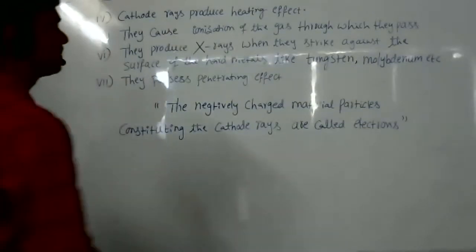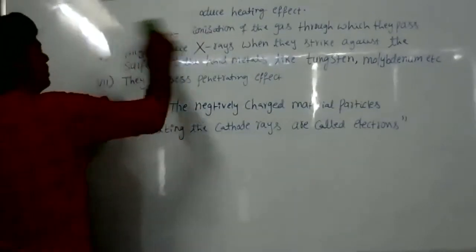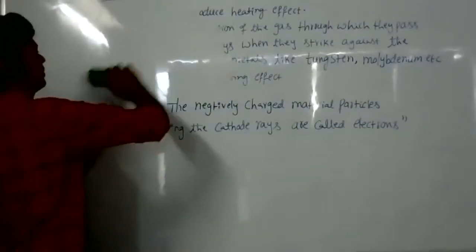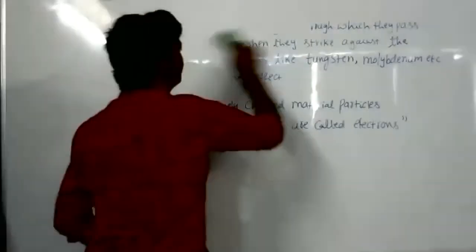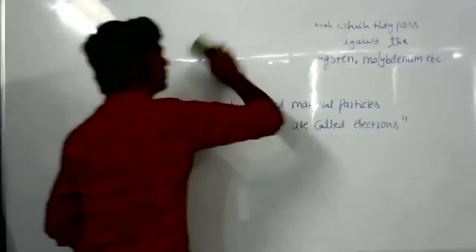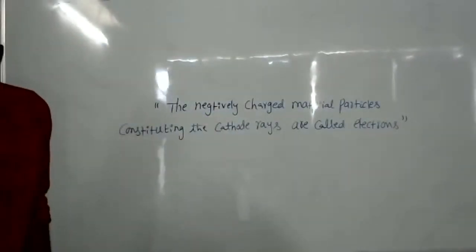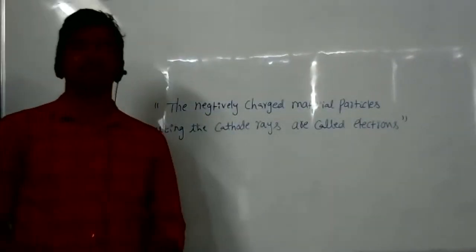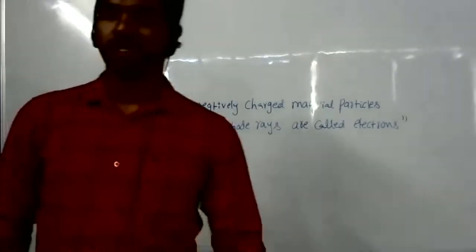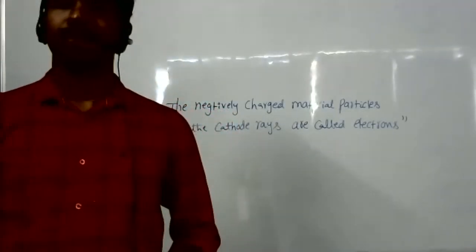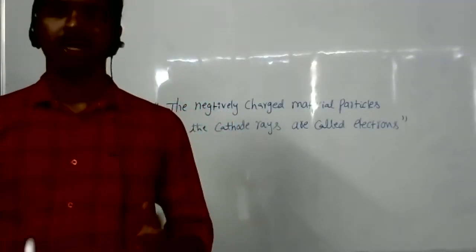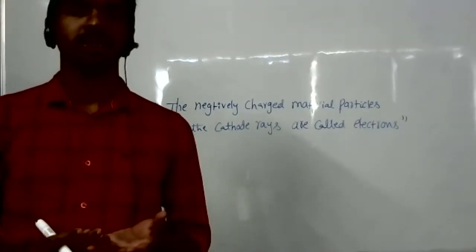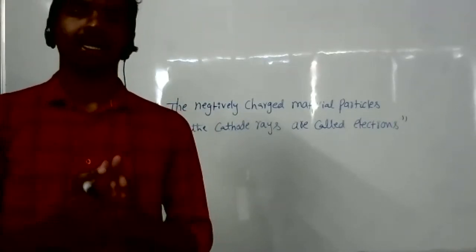Okay, next. Listen, two more points about this. Further experiments were carried out to find the charge of the electron and the mass of the electron. Finally, the scientist Millikan calculated the charge of the electron.